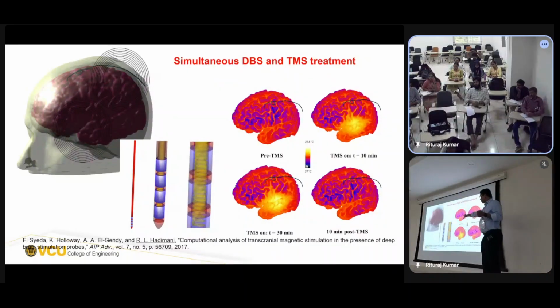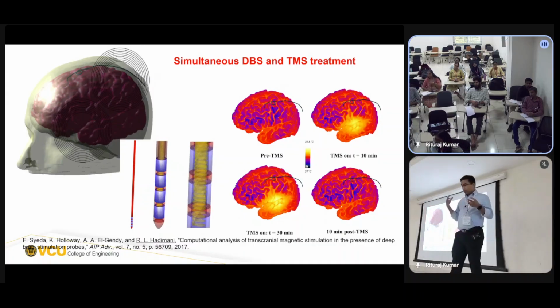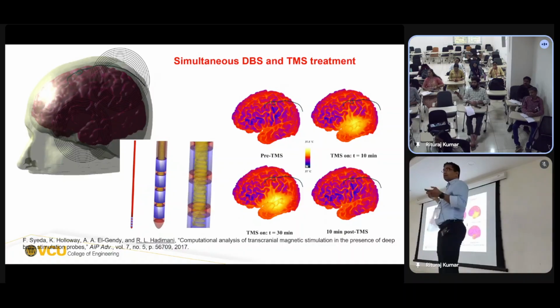She claims that she has done 1,000 such surgeries, and she has patients from 10, 15 years ago, and now it's a neurodegenerative disease, so it progressively becomes worse and worse.